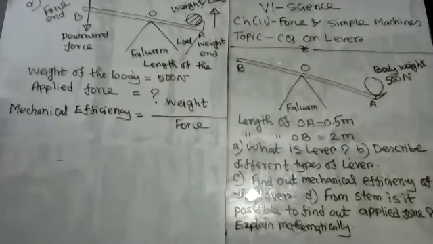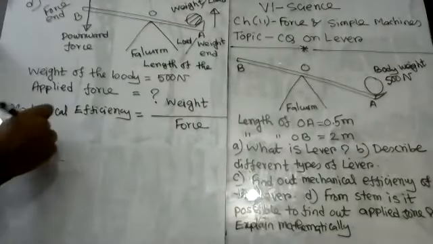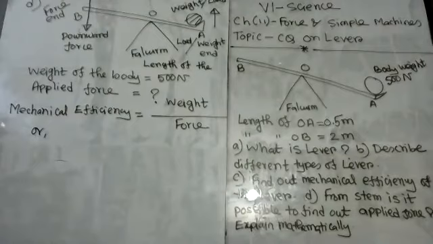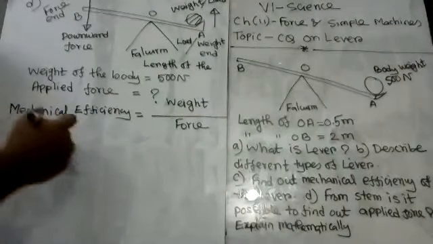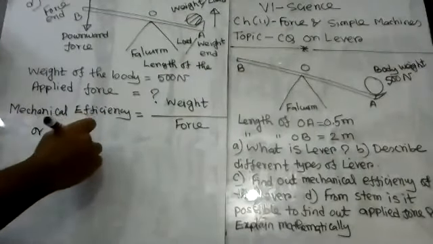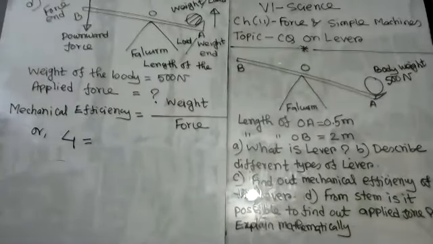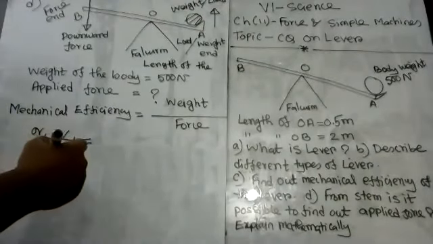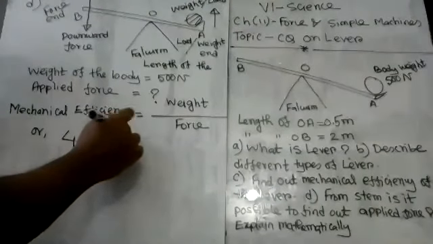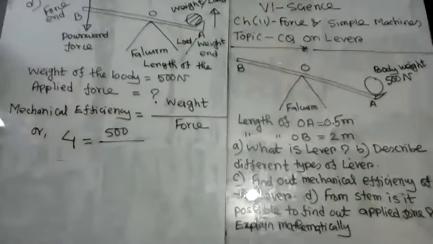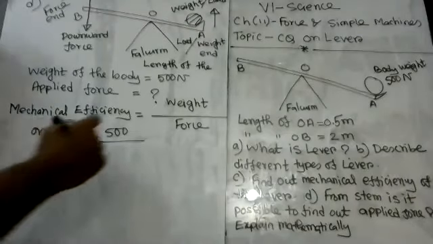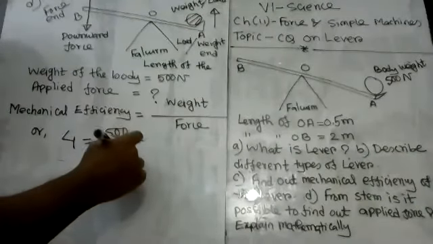Now, you see that from previous math, mechanical efficiency will equal to 4. Now the weight of the body will equal to what? Weight of the body equal to 500 Newton. And after solving this equation, you're going to find out the applied force.